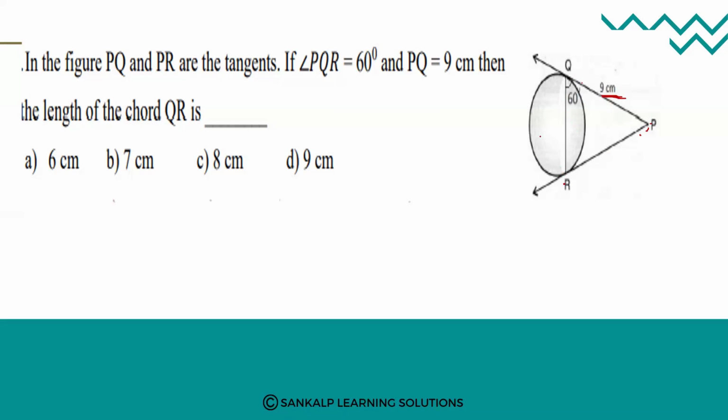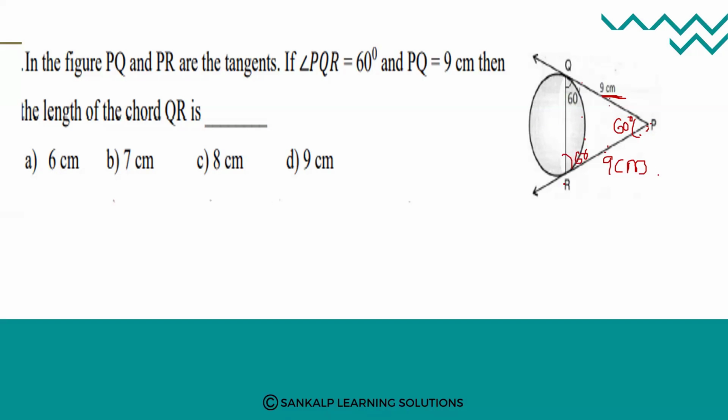See, my dear students, one theorem is there, that is, if you draw tangents from an external point to the circle, then the lengths of those tangents are equal. Yes or no? See, if PQ is 9 centimeter, then PR is also 9 centimeter. Next, one angle is 60 degree. That means this is also 60 degree and this is also 60 degree.